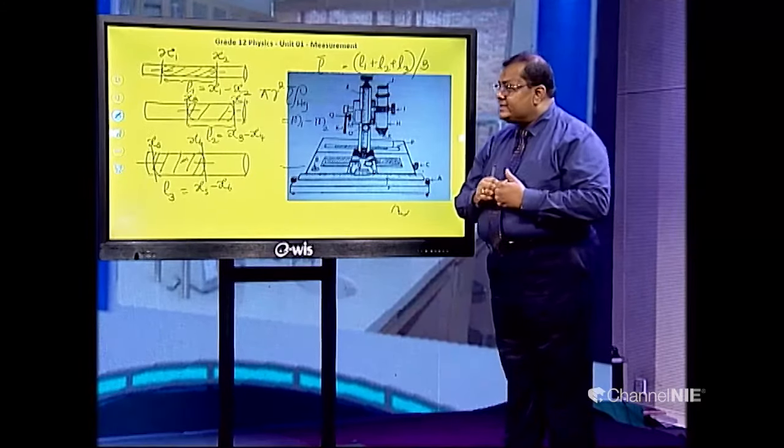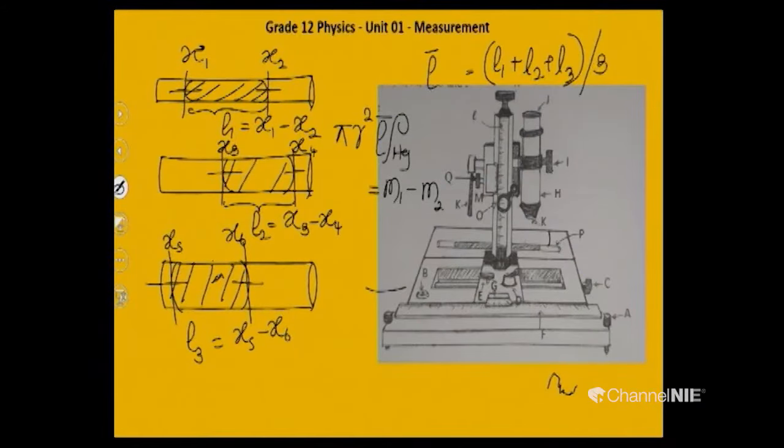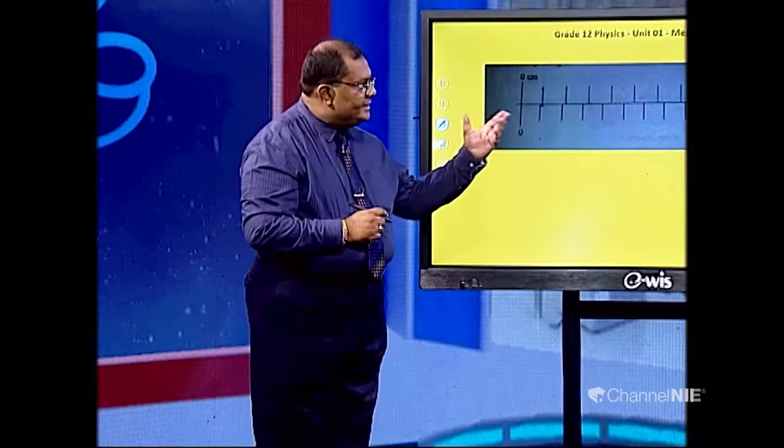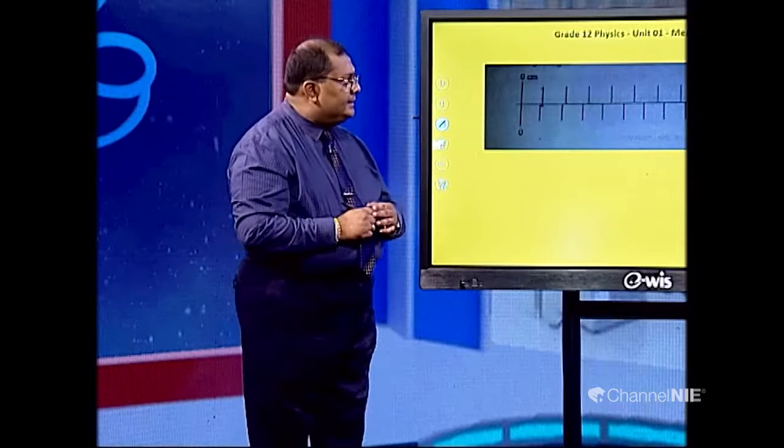Therefore, I am going to explain now how to calculate the least count of a vernier scale. I am going to explain the vernier principle here. To minimize the least count, we have this method. It's a very simple method.